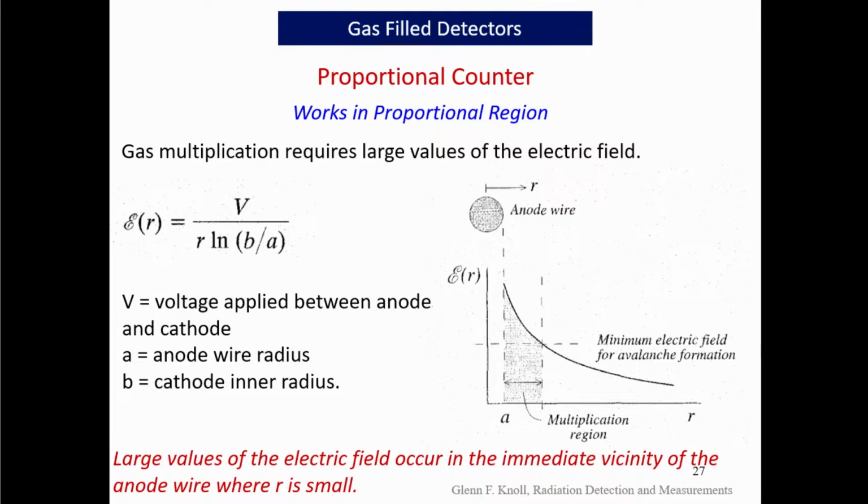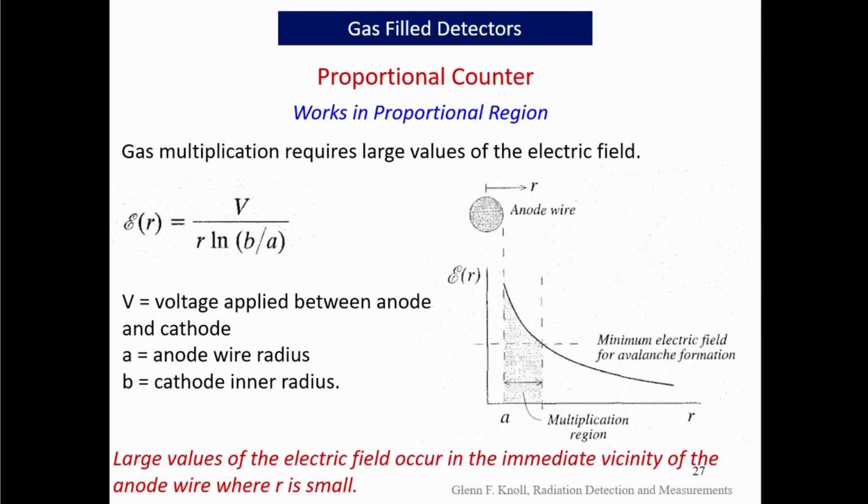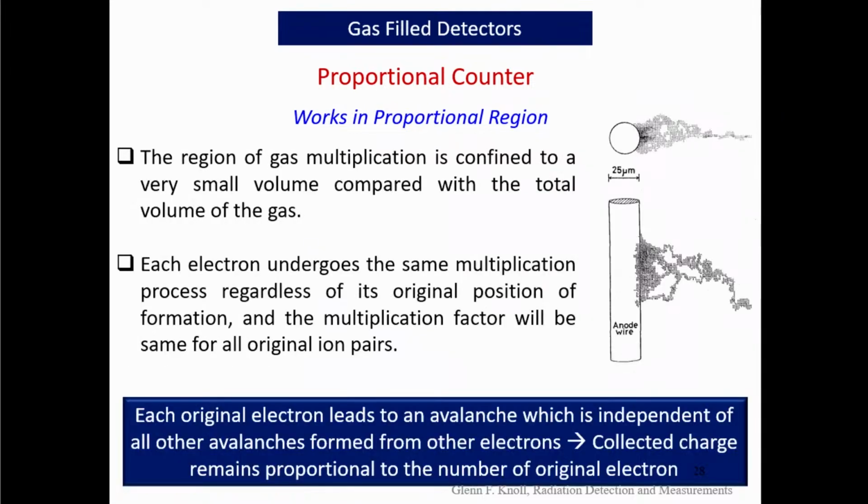So even though we have a big GM counter, gas multiplication in the proportional region happens only very close to the anode wire, where the potential meets the threshold for avalanche formation. Far from the anode, you do not have the threshold potential to meet the avalanche formation criteria.